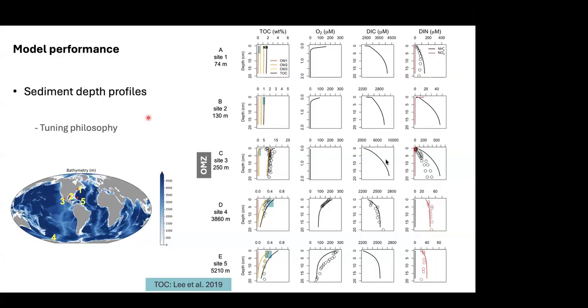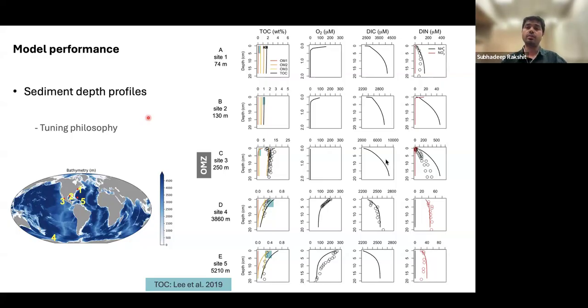Okay, so a follow-up question: do you take into account the different sediment environments in the global ocean? For example, mineral or other organic content, pore water, all the different substrate information.